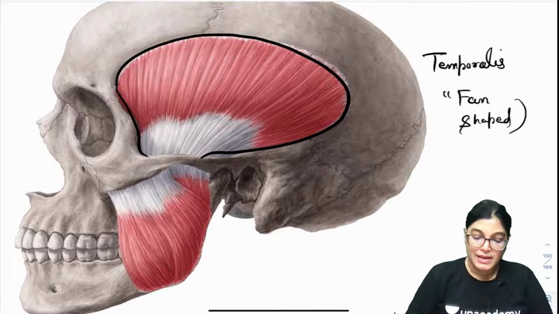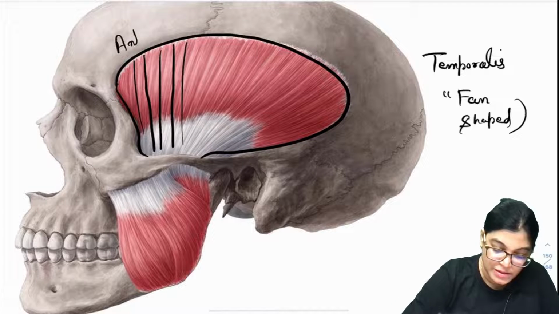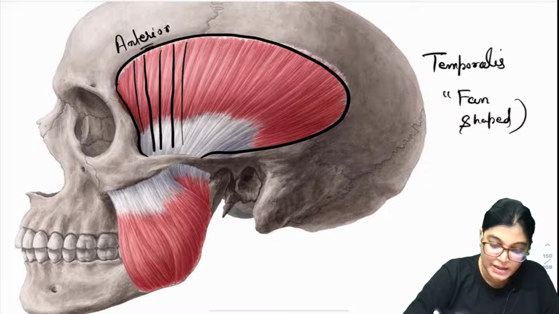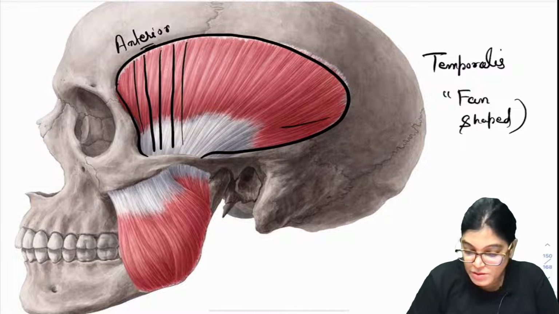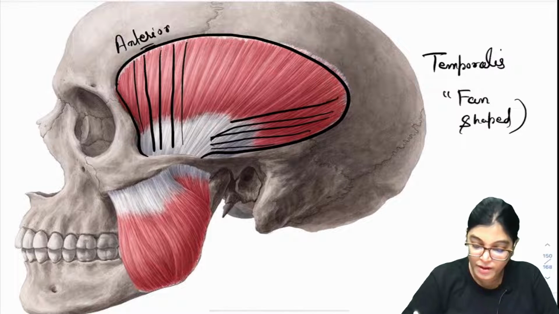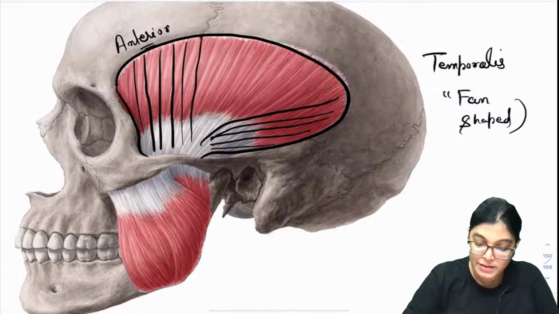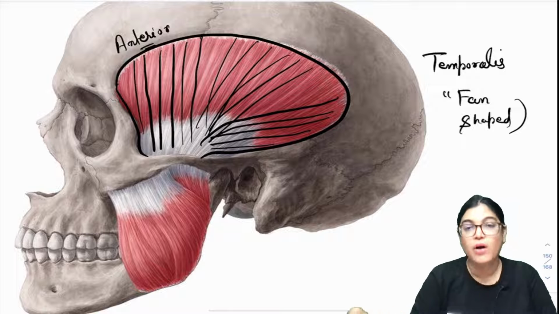We can categorize few fibers going straight down like this. These are the anterior fibers. The anterior fibers are vertical in direction, the posterior fibers are more horizontal in direction, and the middle fibers are oblique in direction.